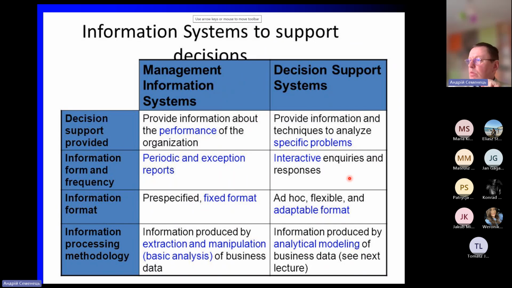Usually MIS are more visualized, providing draft charts, visualization and so on, while DSS usually use interactive dialogues. In this case, it's similar to modern artificial intelligence systems like ChatGPT. So they are similar to DSS, to past DSS from not a very old past.